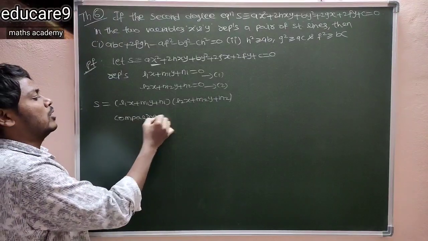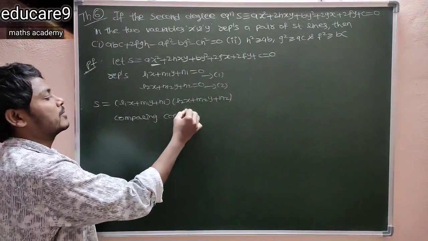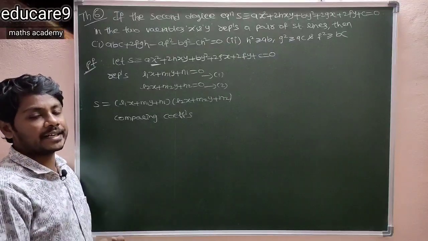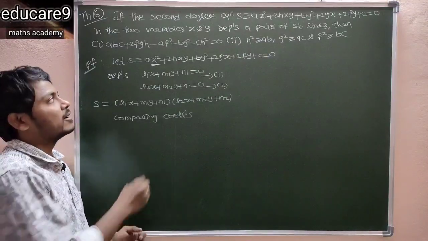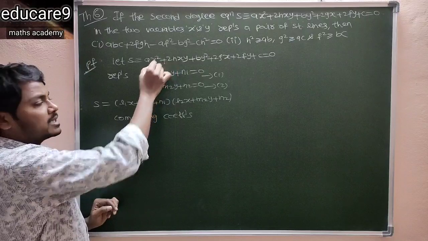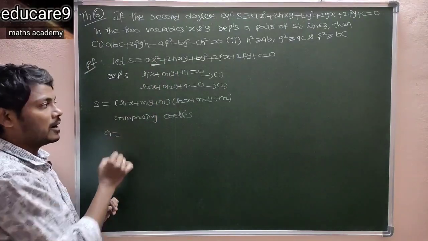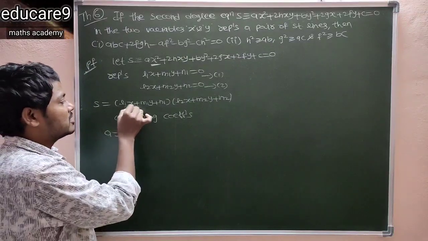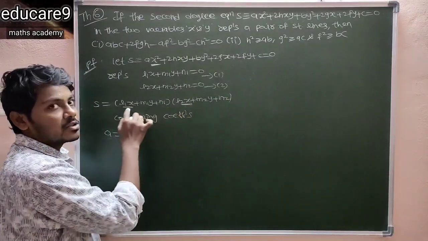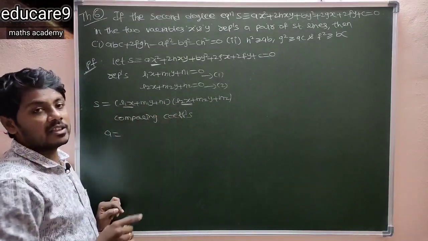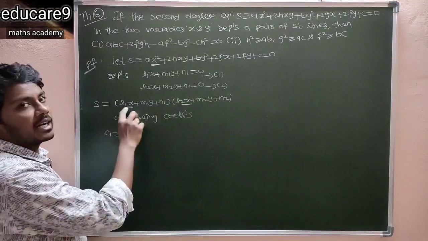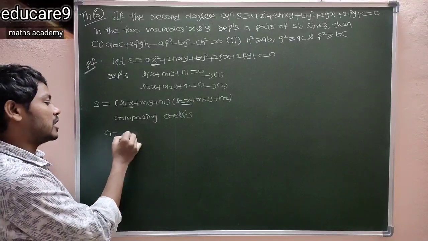We are comparing coefficients. For finding the coefficients, we have to use one shortcut method. See here, what is the x square coefficient on LHS? A. Whenever you get x square, here x and here x, multiplying these two terms, then only you will get x square. So a is L1, L2, the coefficient of x square.